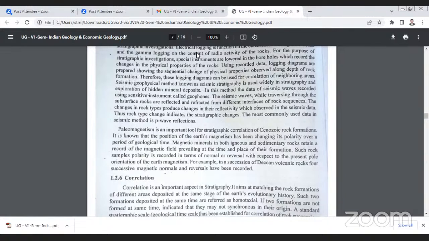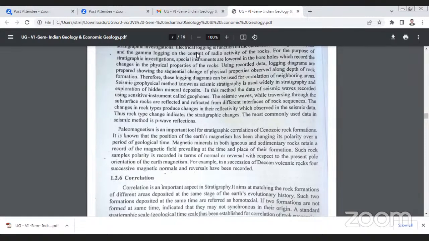The seismic geophysical method is known as seismic stratigraphy. It is useful for the study of stratigraphy and for exploration of hidden mineral deposits.